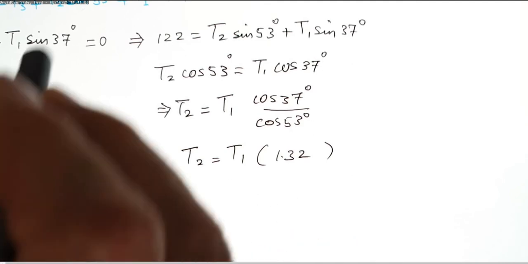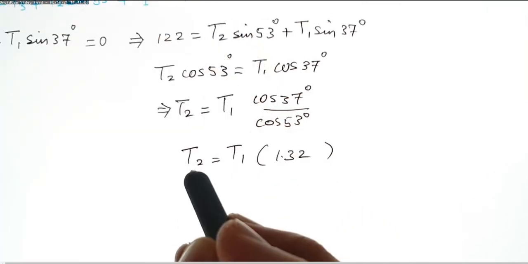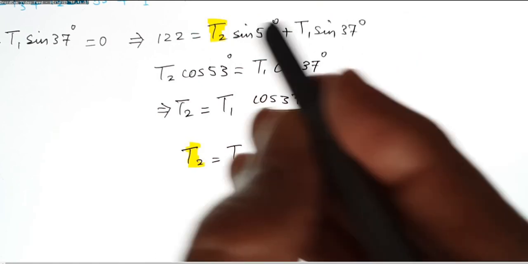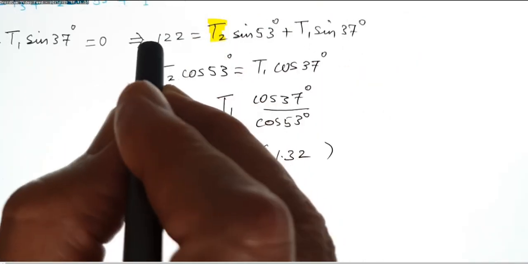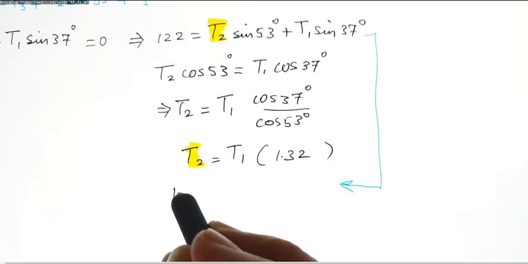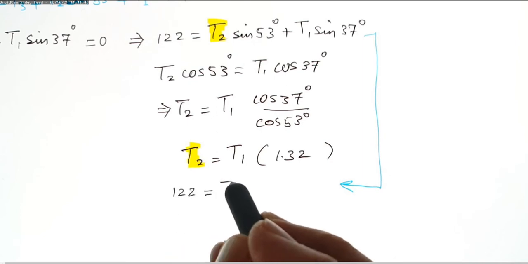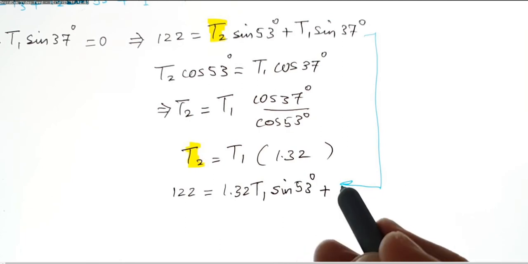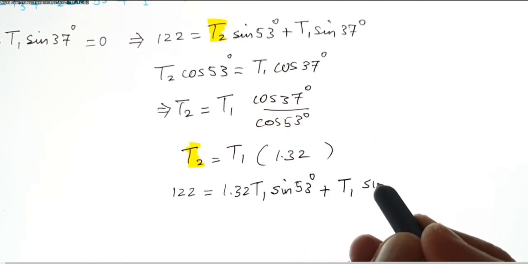So let me color it. This is T2 and this is T2. Now I write this equation: 122 is equal to T1 multiplied by 1.32 T1 sine 53 plus T1 sine 37.